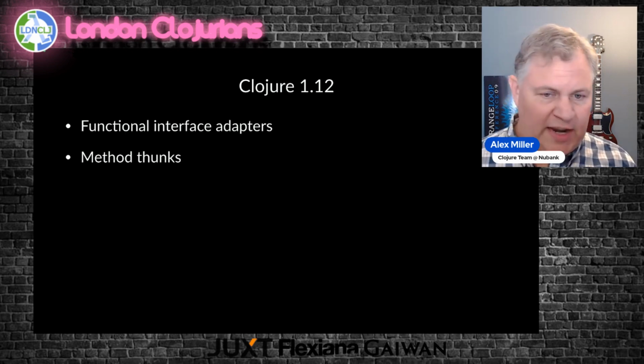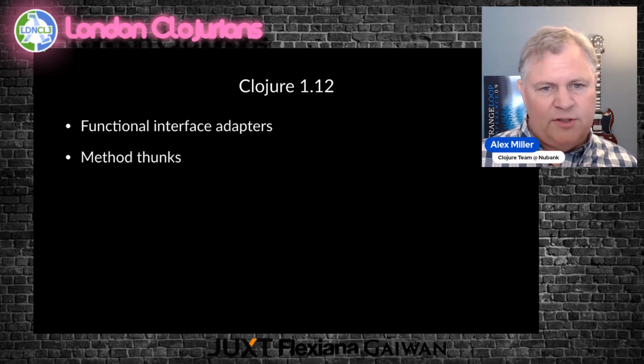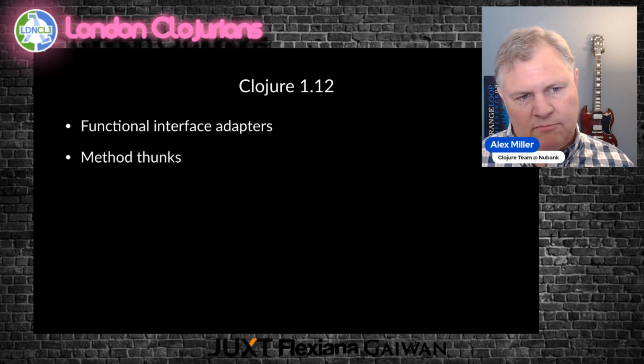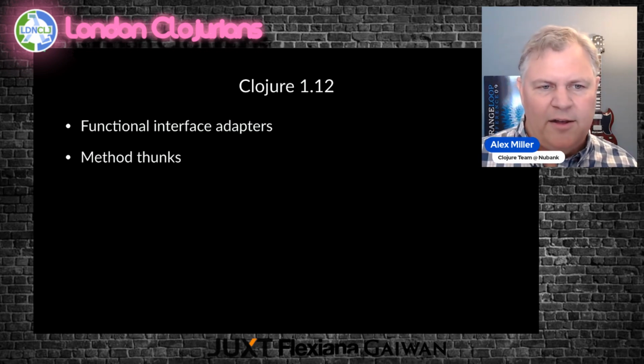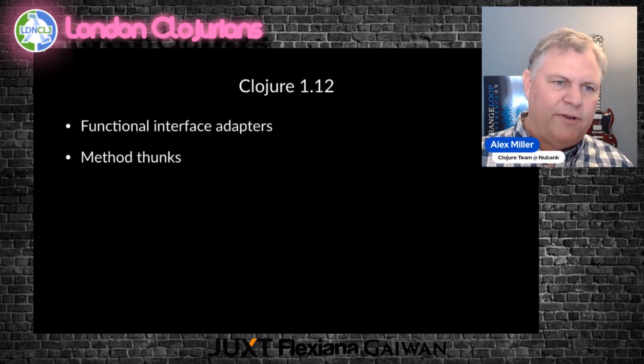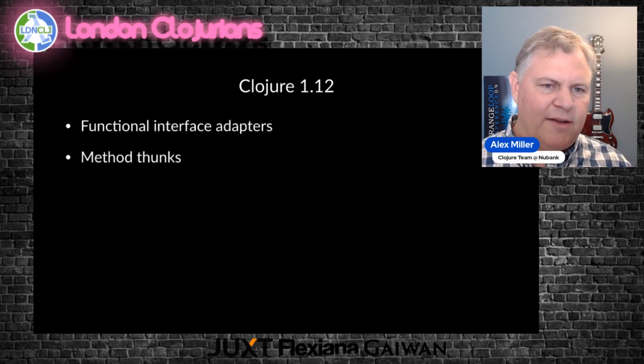There are a set of standard functional interfaces in java.util.function. You can also mark arbitrary single-method interfaces with the FunctionalInterface annotation. And you can even in some cases use arbitrary interfaces that happen to have a single method as functions. So it's really representing the invocation of a function as a typed interface in Java.